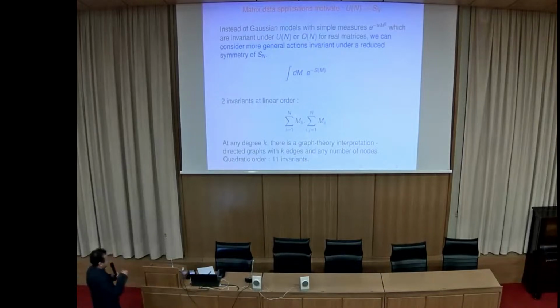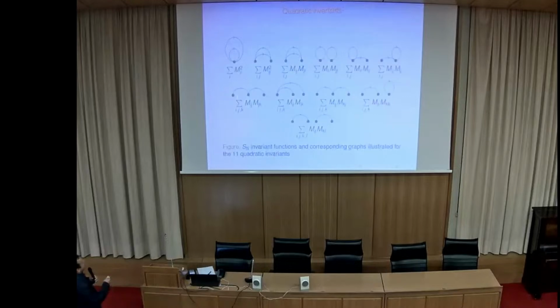Therefore, this is also invariant. So you get two invariants rather than one at linear order. And for quadratic terms, you get more. There are 11 invariants, and there's a very nice counting of these invariants in terms of graphs. So you have, for example, some of the usual M_ij M_ji trace-like things. But you can also have something like a sum over i, j, k, l of M_ij M_kl, just the sum over all the indices.